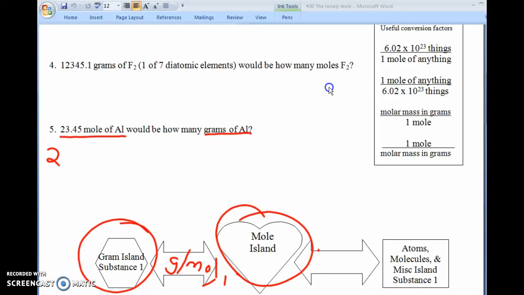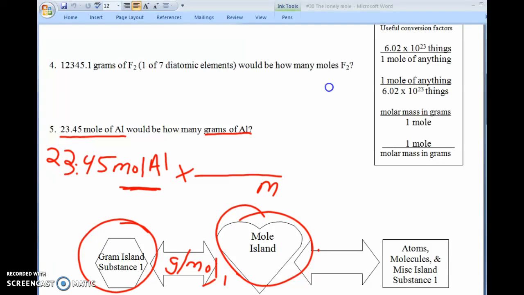So we start with the number that they give us, 23.45 moles of aluminum. We'll put a multiplication sign and a division bar. Whatever the label is here goes on the bottom of the next step. So I write moles of aluminum over here. And we want to go to grams of aluminum in this problem, and we can because this bridge allows us to go from moles to grams and grams to moles. So we can go to grams of aluminum on top.